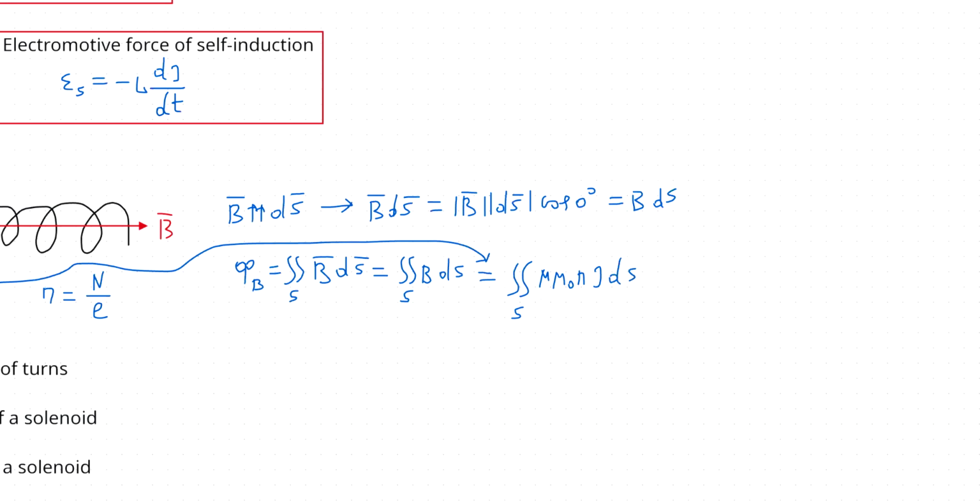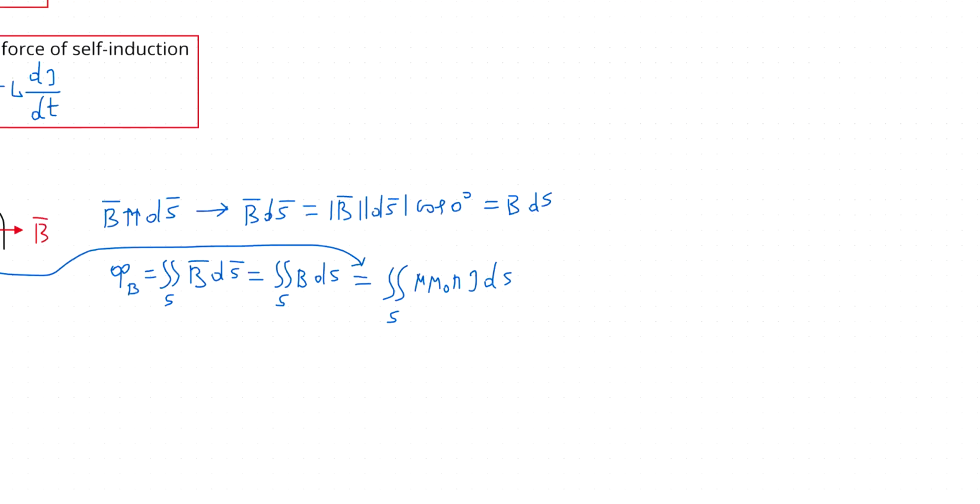All these values in the integral don't depend on dS, so we can move them outside of the integral. And so we have just mu0 n I S.